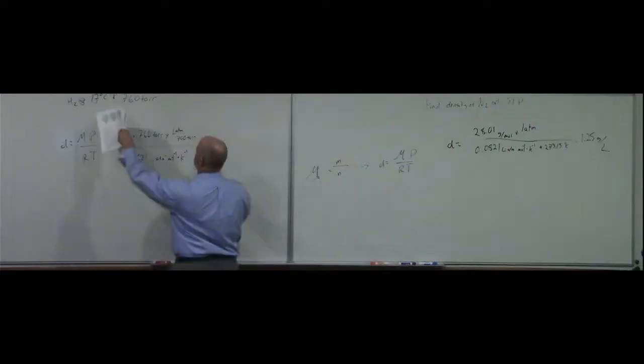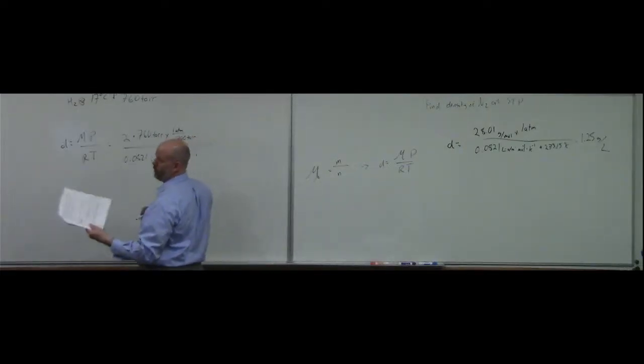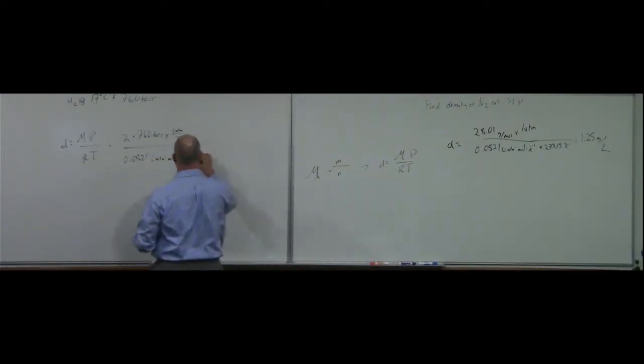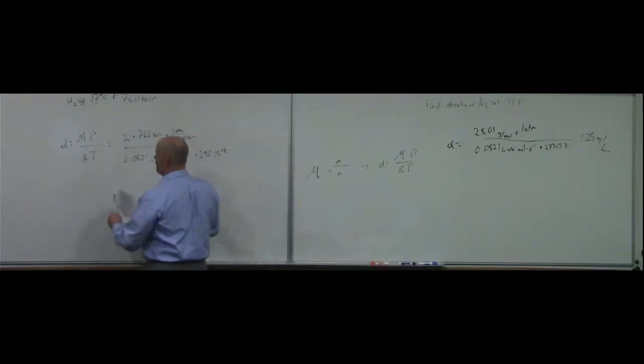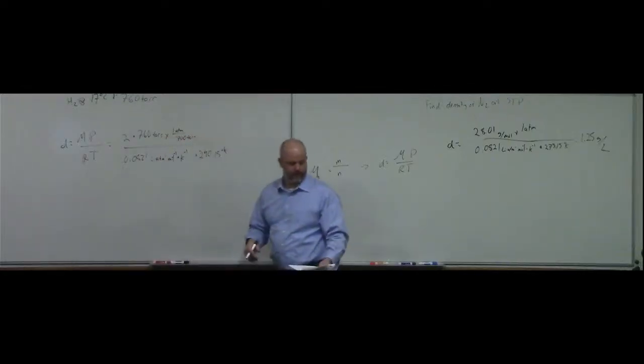Times my temperature is 17 plus 273.15, puts me at 290.15 degrees Kelvin, okay? So that's my formula.